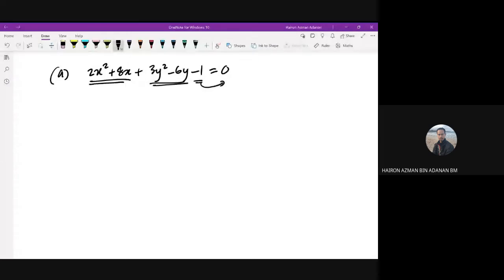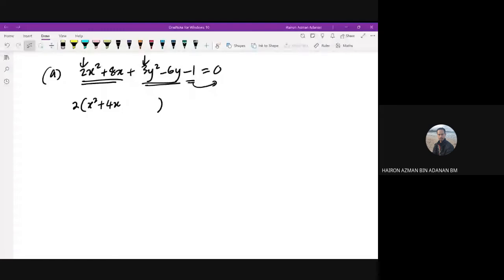First step, we need to factorize: 2x squared plus 4x, just factorize 2, plus, and then factorize 3, you will get y squared minus 2y, and then equal to 1.